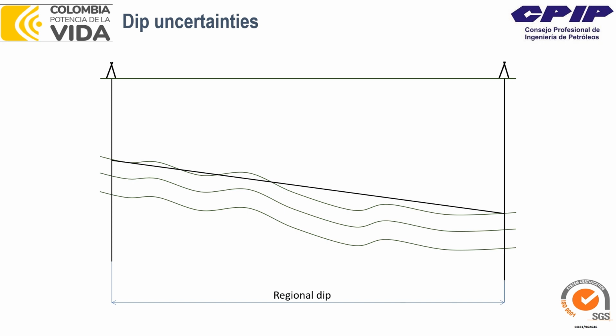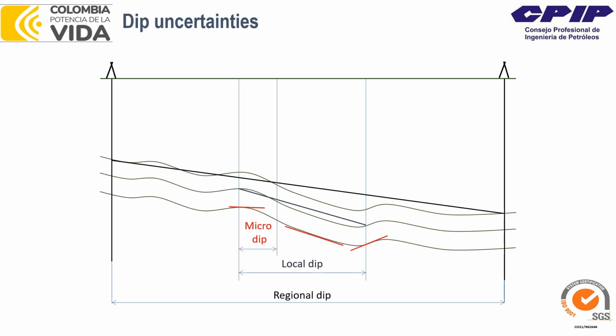But using the same structure, if we try to calculate the local dip, in the range of hundreds of meters, it will be different. So the average is different, right? And if we start to look at a 20, 30 meters resolution, it will be the so-called micro dip, which we can calculate only based on the images or deep resistivity tool or accurate correlation in the geosteering software.